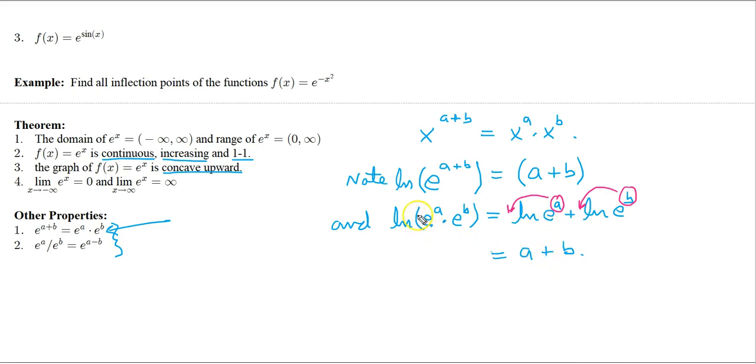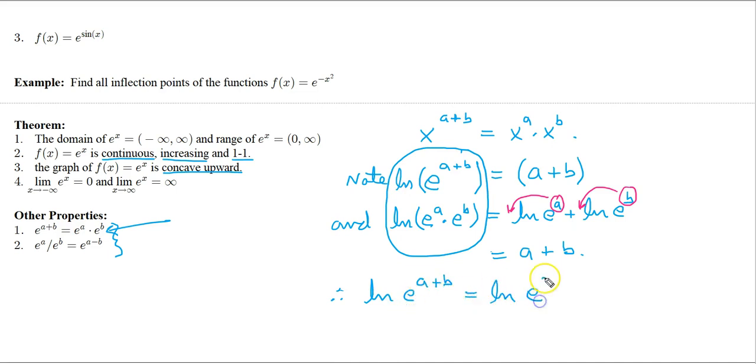And so what we have is that these two quantities are now equal. So therefore, the natural logarithm of each side agrees, but the natural logarithm function is 1 to 1, and so this implies that what's in the parentheses will then be equal. And there we go, we've proven property number 1.